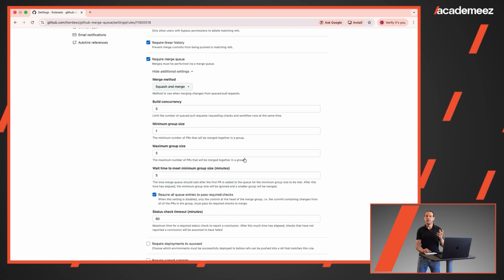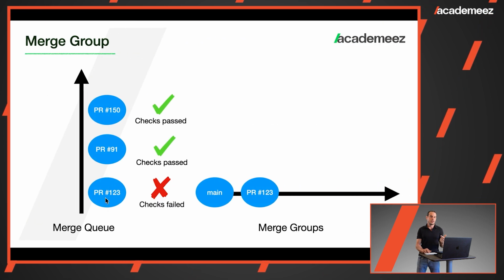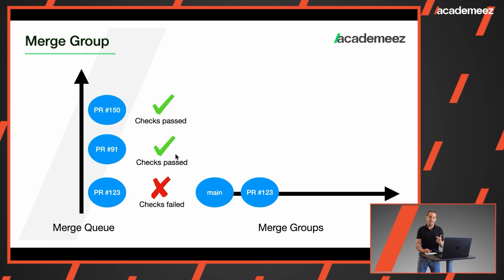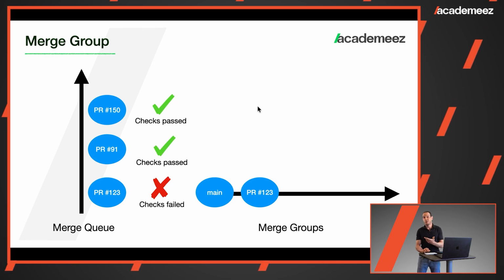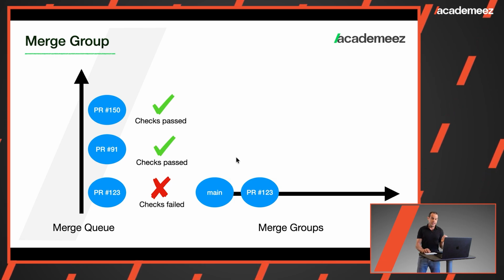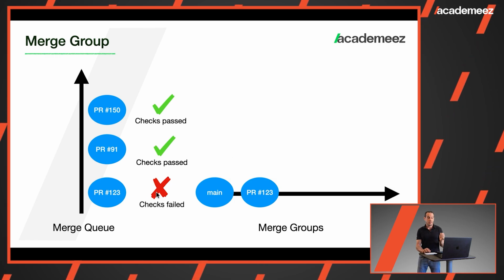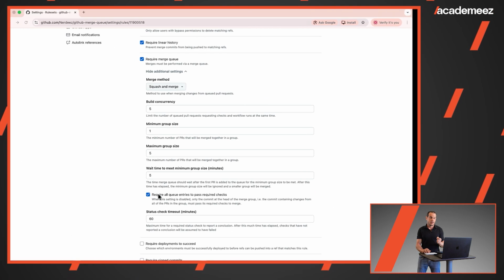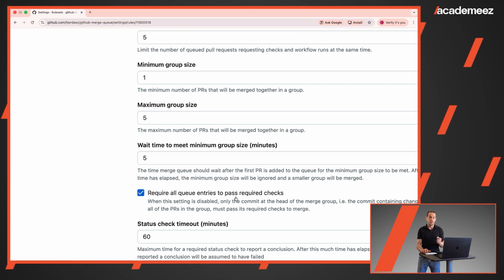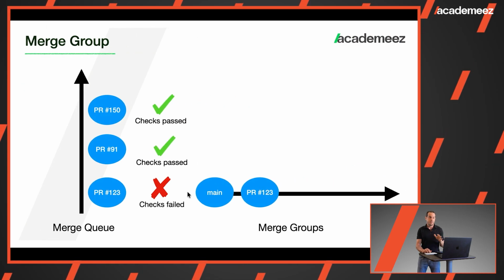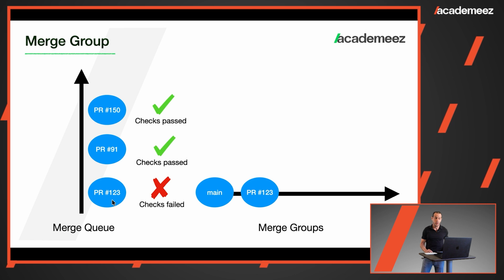Those settings might make the merge queue decide that even though the checks failed in 123, since it was checked in a group in 91 and in 150, it's still going to be merged although it failed. But in this example, the merge queue does decide that the checks failed, because require all queue entries to pass means everyone needs to pass the test. So in this case, if the checks failed, it will kick out PR 123.